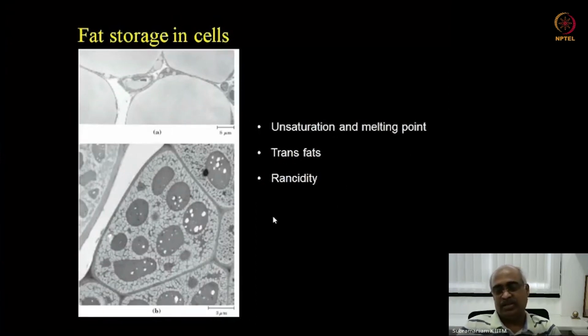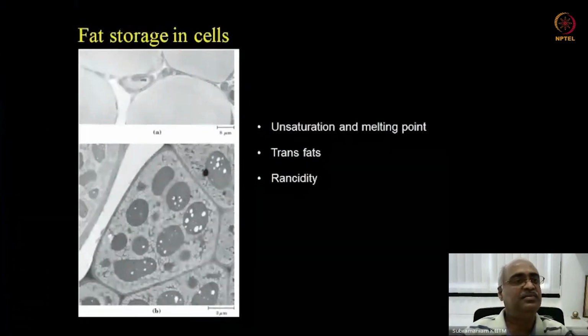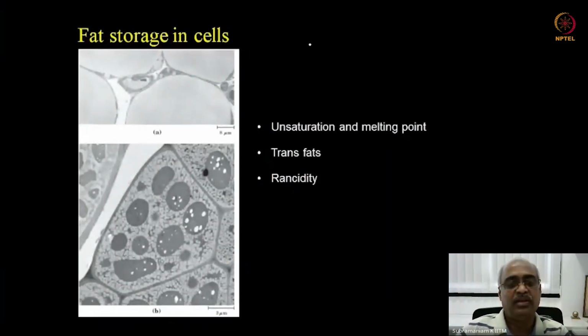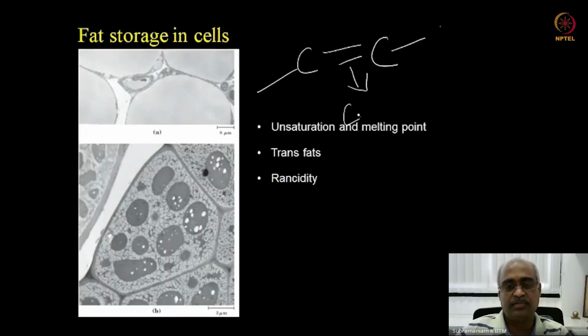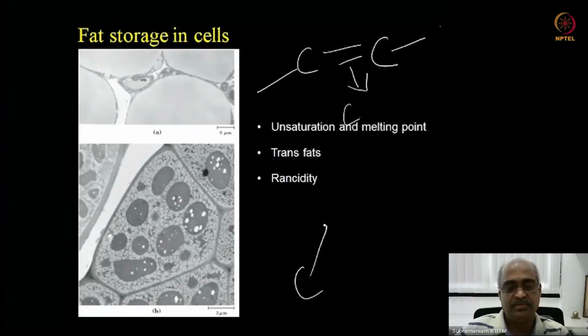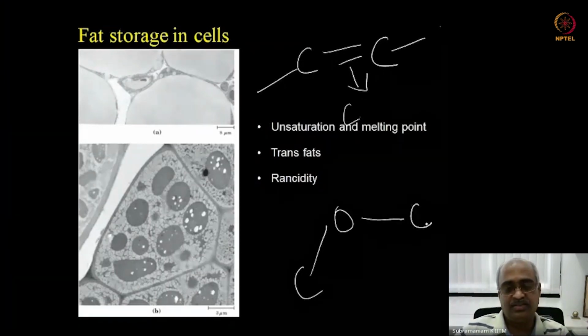This is primarily because of what actually happens in these unsaturated fats. If you have a double bond, let us say, so here you have carbon on either side. So this double bond oftentimes becomes, okay, I'll draw here. It gets oxidized, okay.